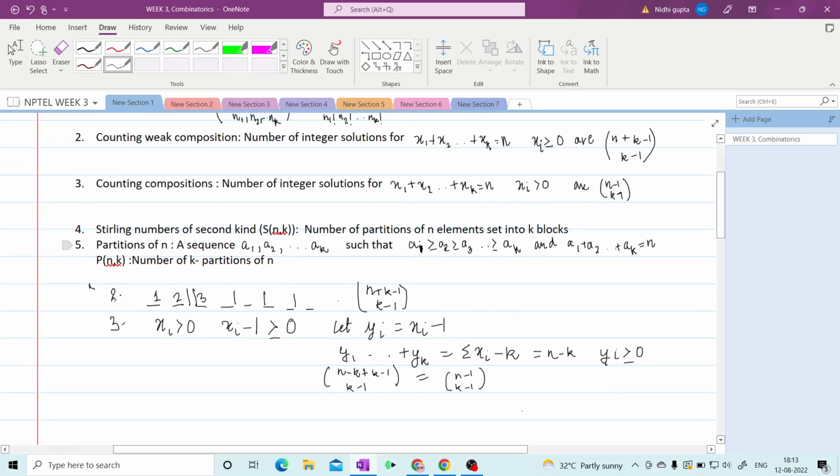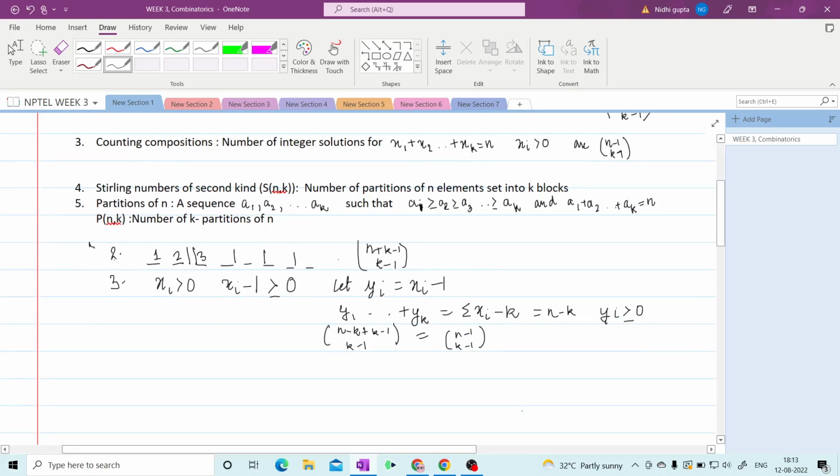Now the fourth thing that we did this week was Stirling numbers. S(n,k) refers to the number of partitions of an n element set into k blocks. Suppose we want to find S(3,2).